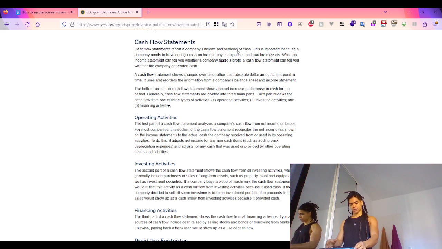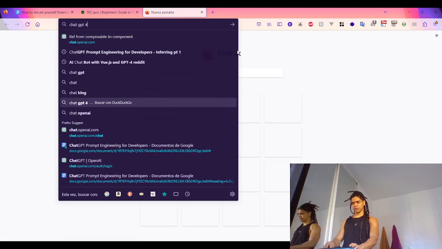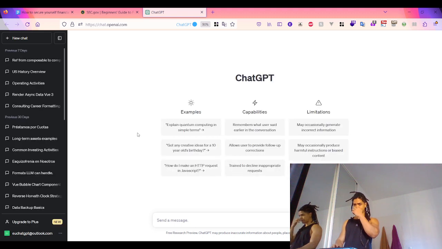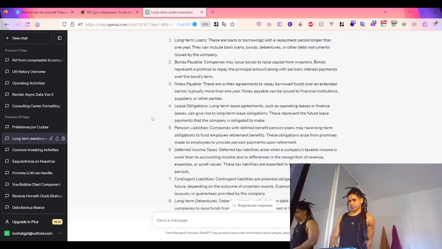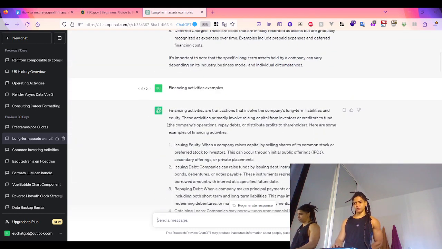Okay. So when I look here at this, long-term assets, looking is more like the financing activities, right?